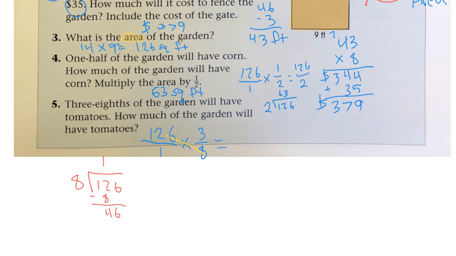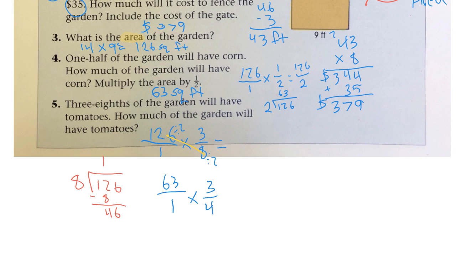Guess that wouldn't be as easy as I thought it would be. Can't do it by 4 either. We could divide it by 2. They're both even. So if we divided them both by 2, then it would become 63 over 1 times 3 over 4.